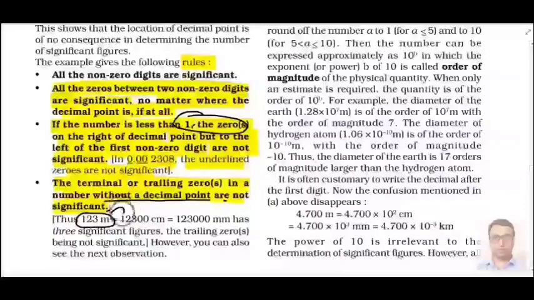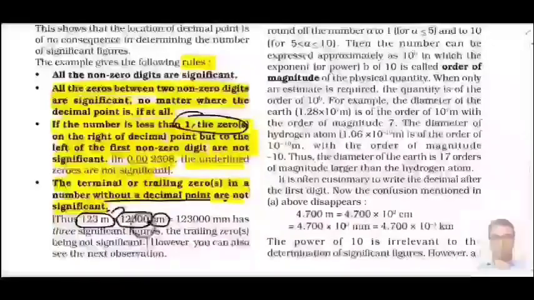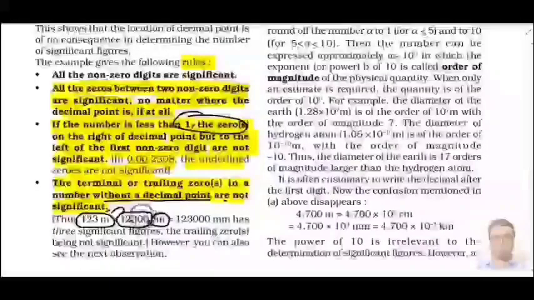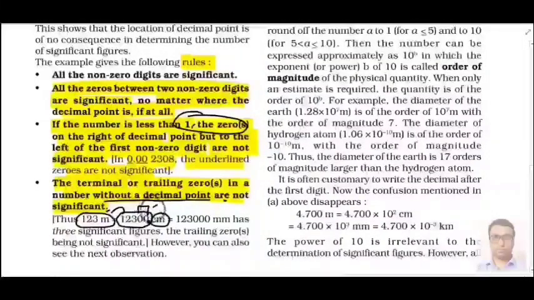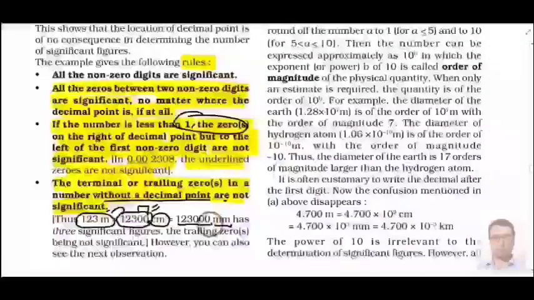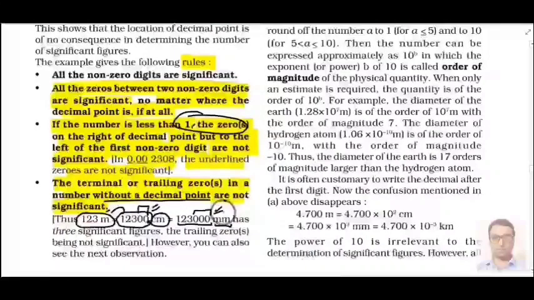If you convert it into centimeter, you will write 123 and 00. So here we don't have any decimal point. So these two trailing zeros or terminal zeros will not be treated as significant digits. Like if you convert it into mm, then it will be 123000, but these three zeros will not be counted as significant digits.